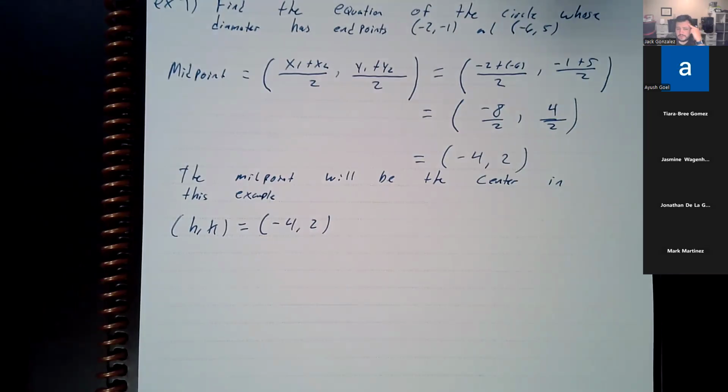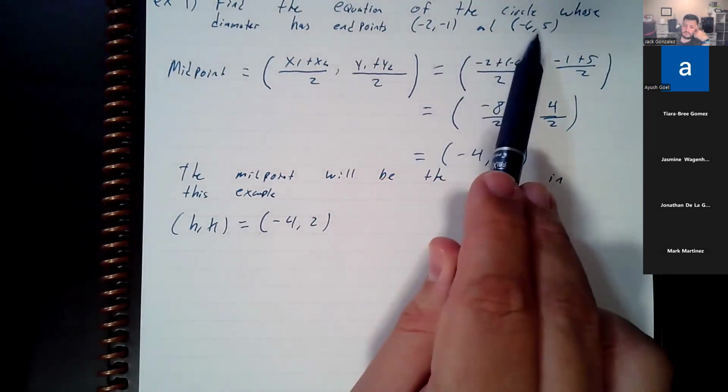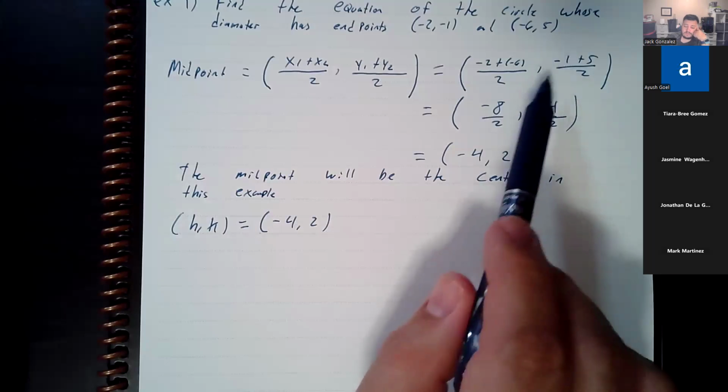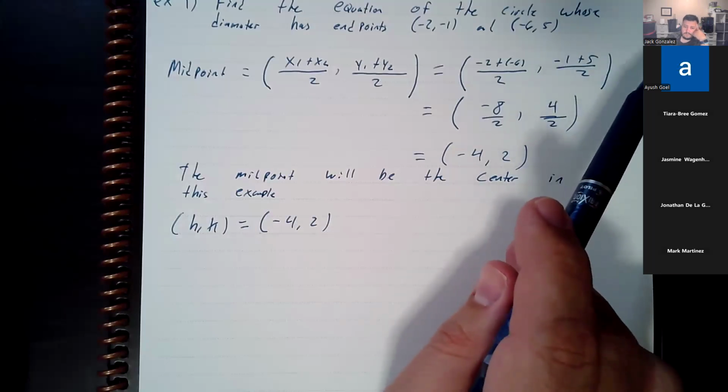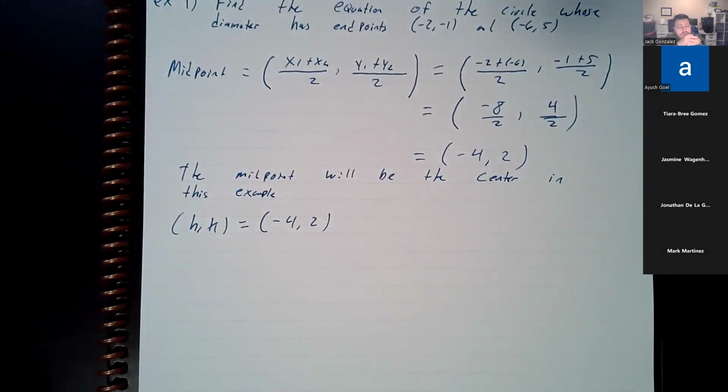So we can find the radius the same way we did in the last example, or you could find the distance from here to one of the edges, to find the radius. Doesn't matter though. Like I said, you can use the distance formula, midpoint. It just depends on the situation and which you feel is easier.